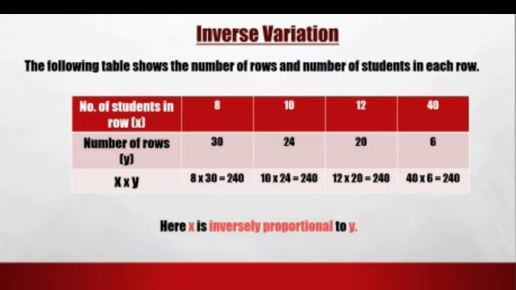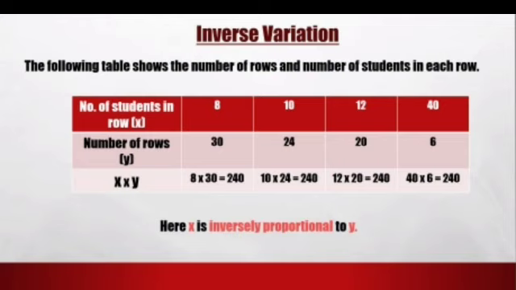Now look at this table, children, where they have given you the number of students in a row and the number of rows. From the table we see that as the number of students in a row increases, the number of rows decreases and vice versa. Here the product of the number of students in each row and the number of rows in each pair is constant.